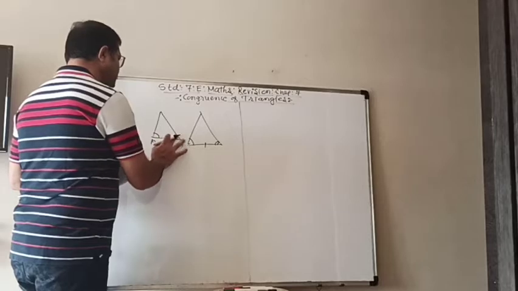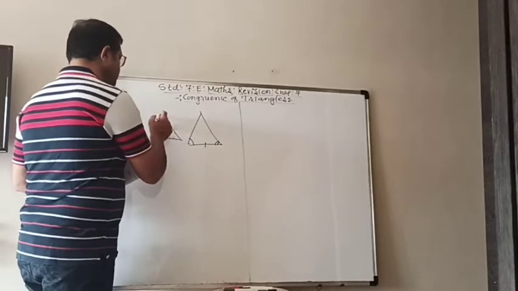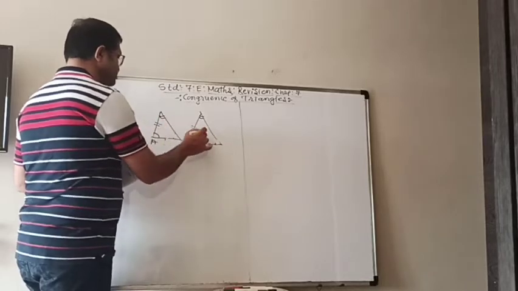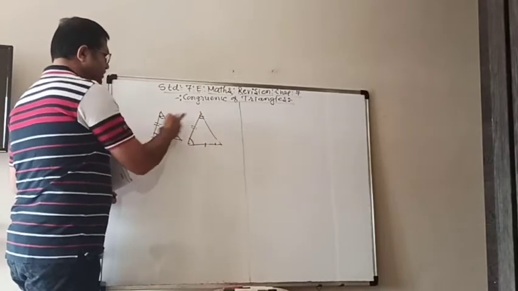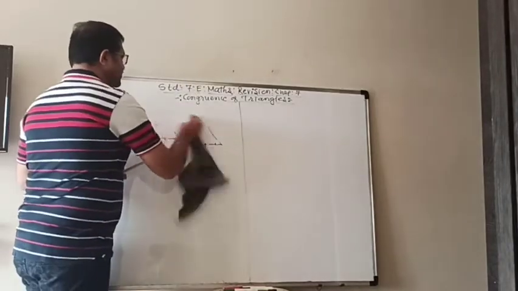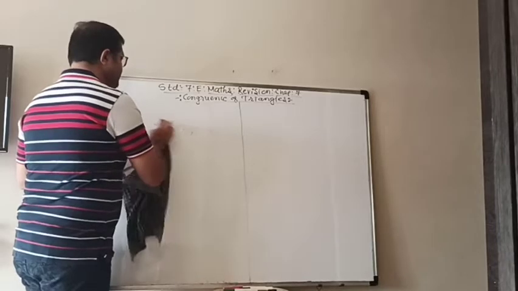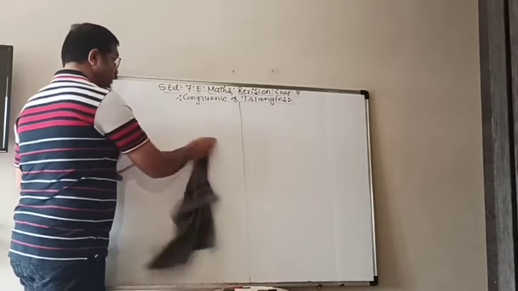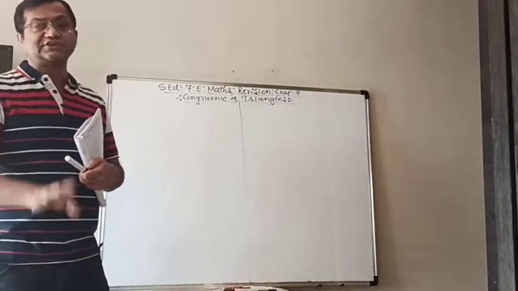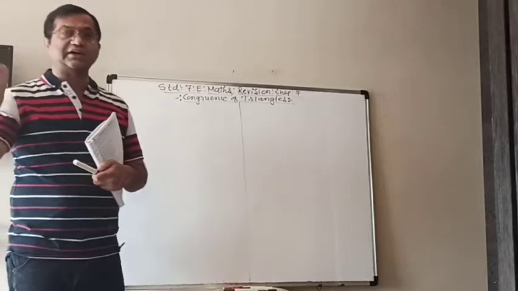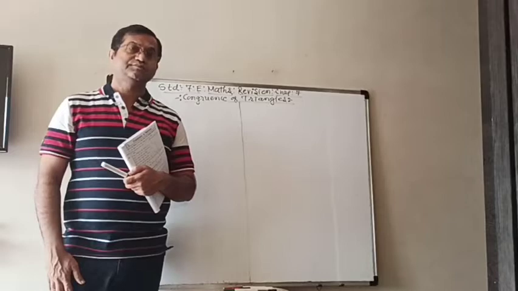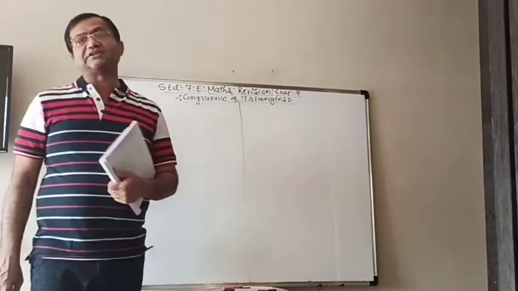If you take those two angles, then there must be this side. So for a given correspondence, if two angles and the side included between them are equal to the two angles and the side included between them of the other triangle, then the two triangles are congruent.